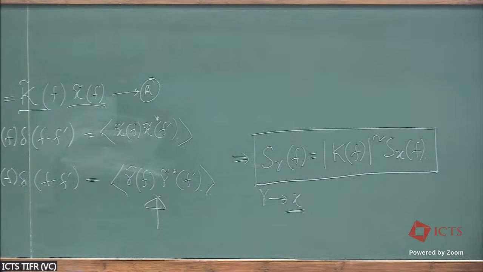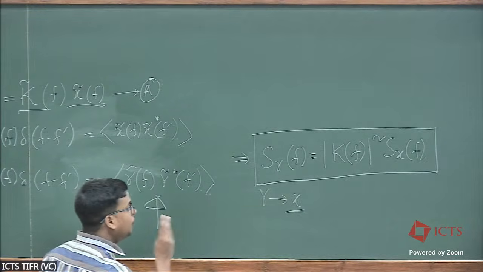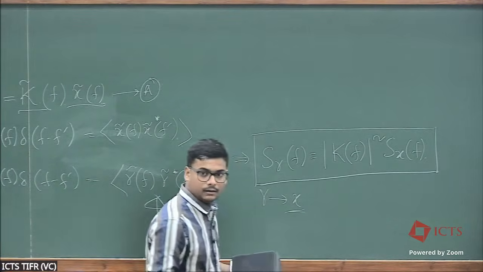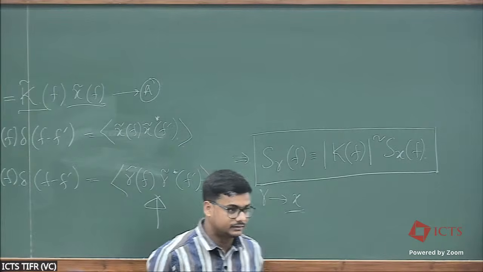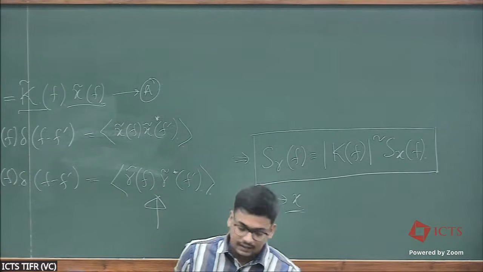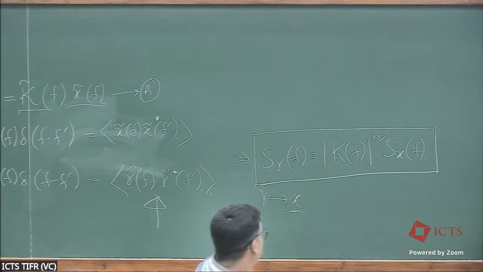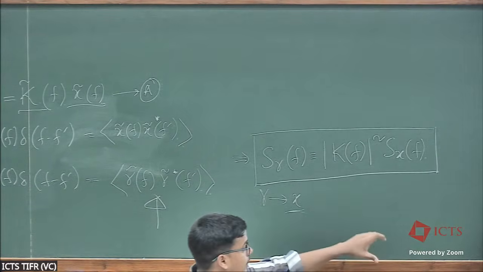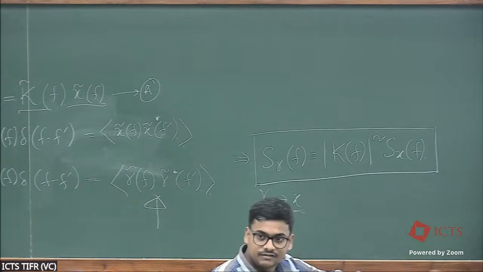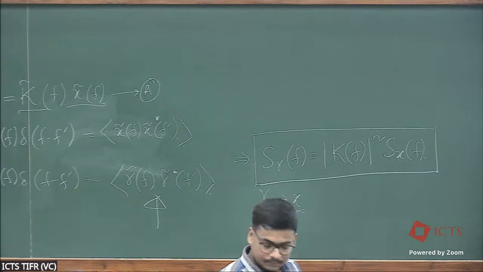So we only know the noise property in our gravitational wave data analysis. We don't know the probability of our signal, but we'll show that just knowing the noise probability will be sufficient to do the match filtering.